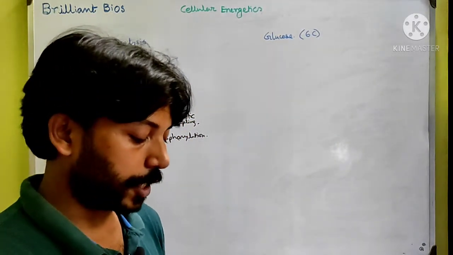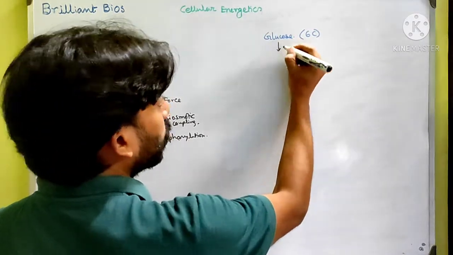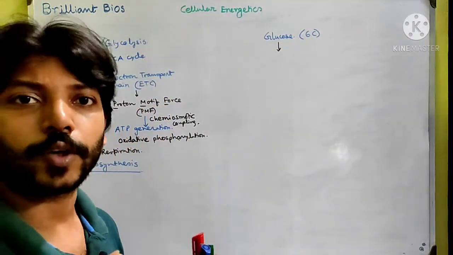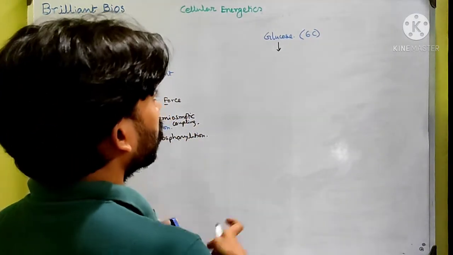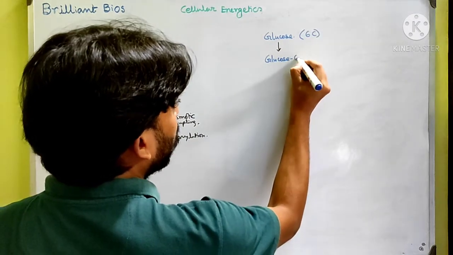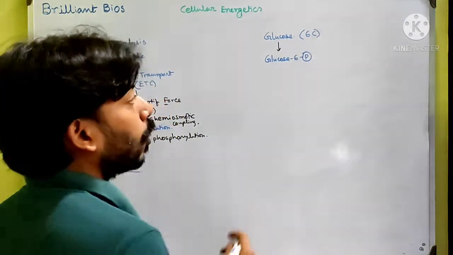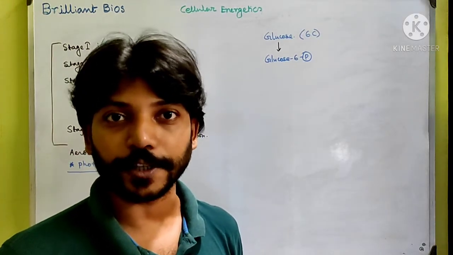At the first stage of glycolysis, a very subtle conversion occurs. Glucose is modified to glucose 6-phosphate. Only a phosphate group is added at the carbon 6 position.